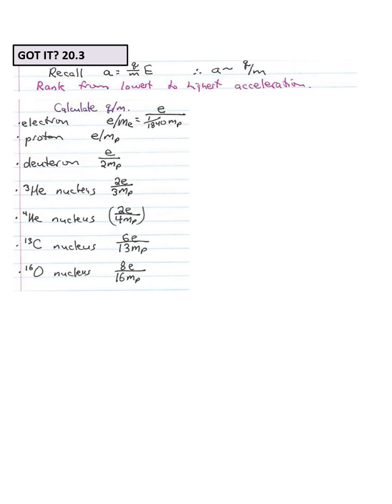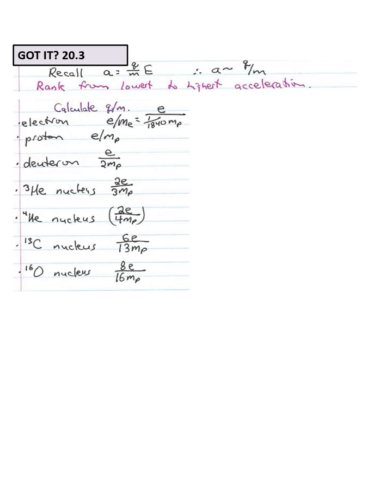This is the got it question in section 25. It says an electron, a proton, a deuteron, which is a neutron combined with a proton, a helium-3 nucleus, which has 2 protons and 1 neutron, a helium-4 nucleus, which is 2 protons and 2 neutrons, a carbon-13 nucleus, which is 6 protons, 7 neutrons, and an oxygen-16 nucleus, 8 protons and 8 neutrons, all find themselves in the same electric field.